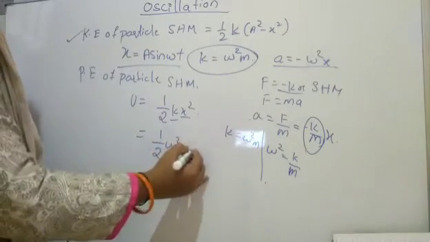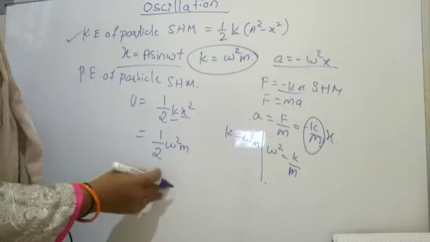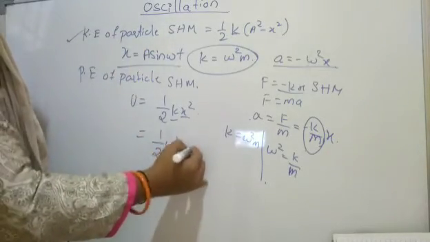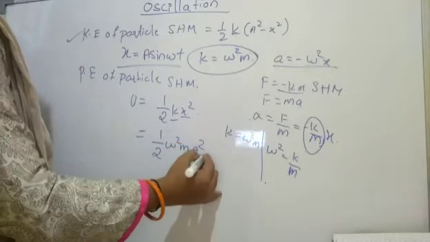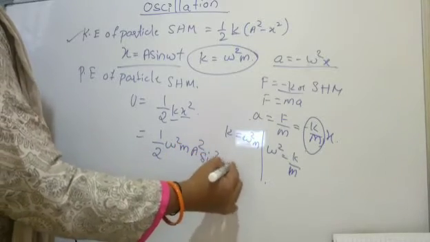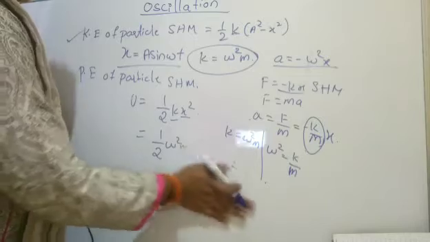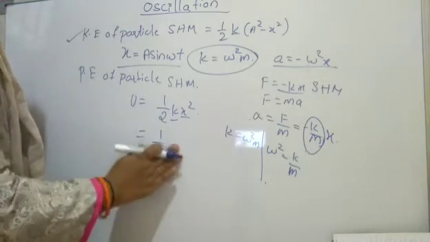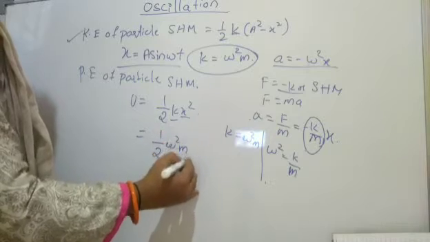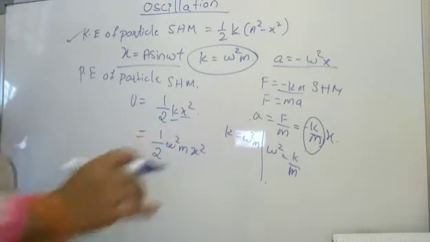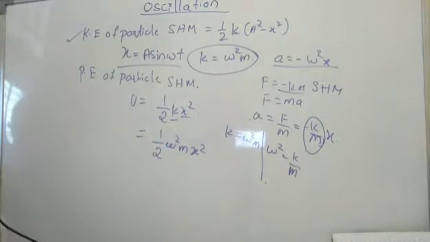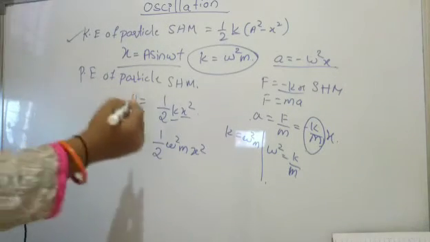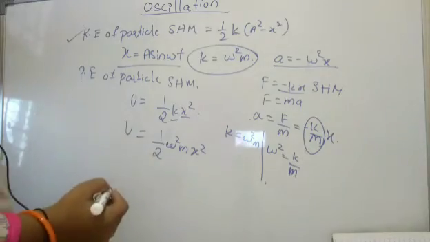This part we have taken from the general equation of a particle executing simple harmonic motion, that is a square sine square omega t. Yes, we have got the potential energy of a particle U is equal to half omega square m x square.